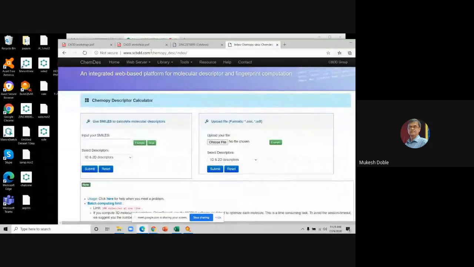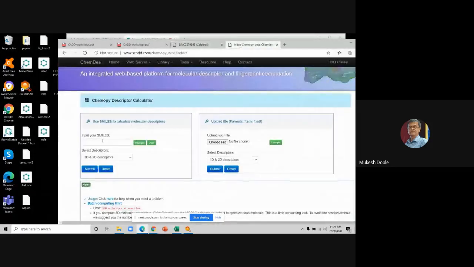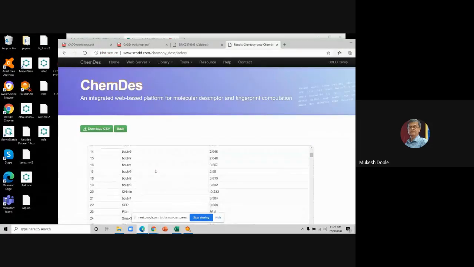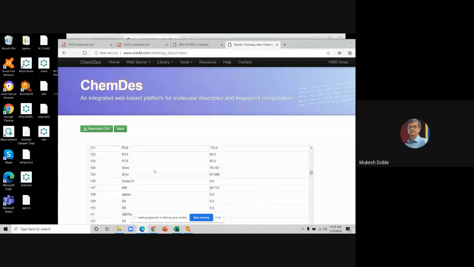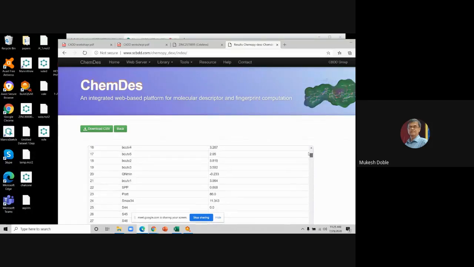Here I can copy the SMILES notation for celecoxib. There are many descriptors, but I'm just calculating. So it's calculated lots of descriptors, almost, you can see here as I'm scrolling.